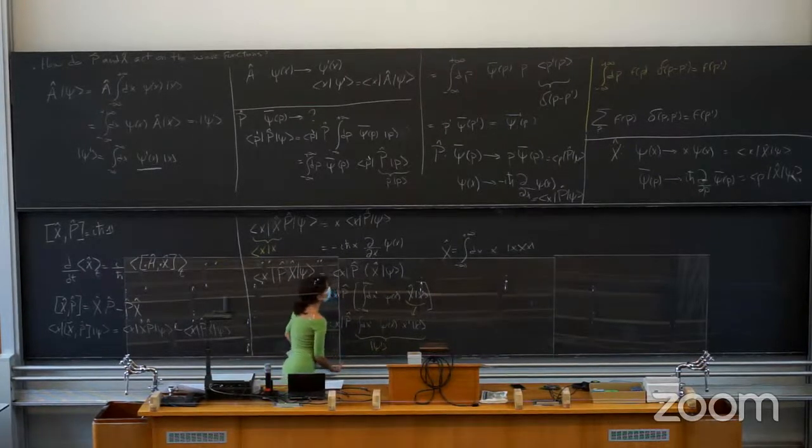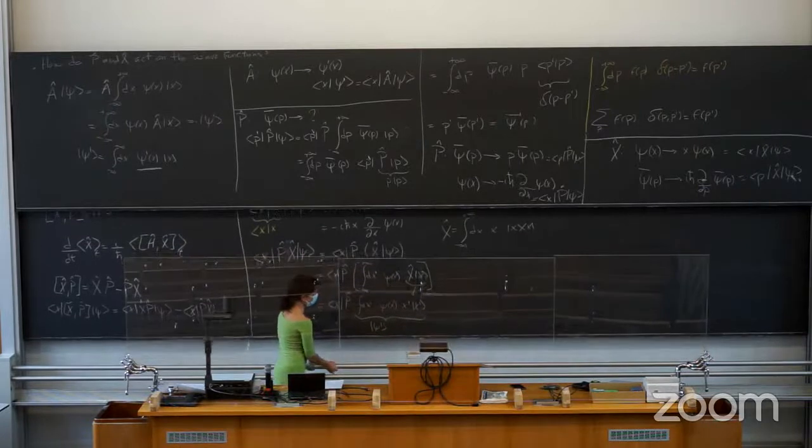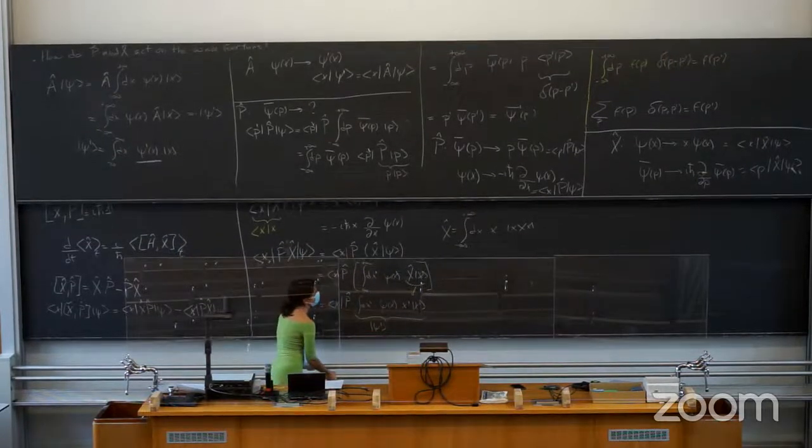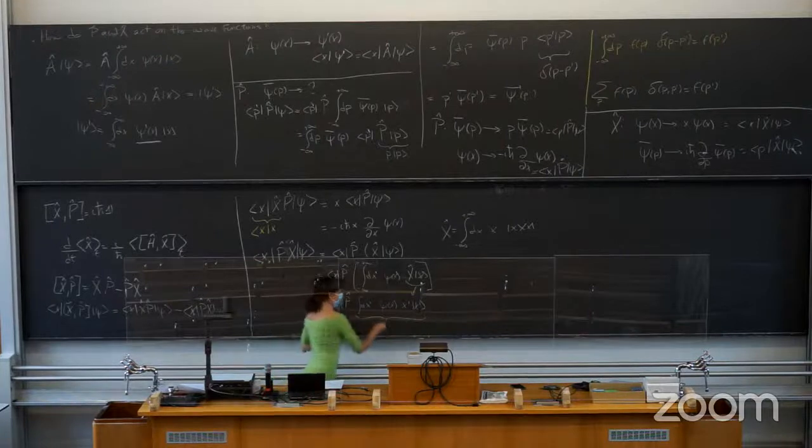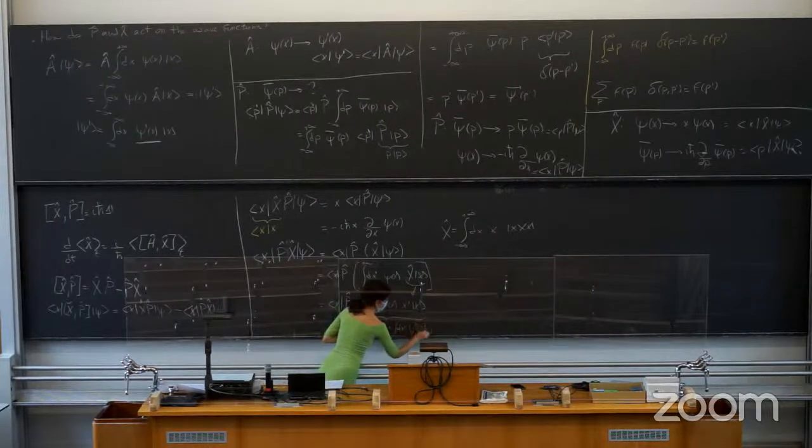Can you even see what I'm doing here? Okay. So this is a new state psi prime, right? It's a vector. And with the wave function, the new wave function is this thing here.